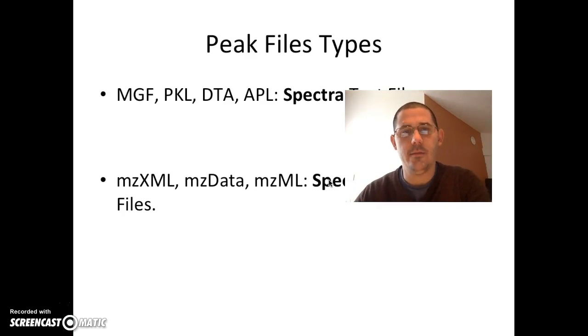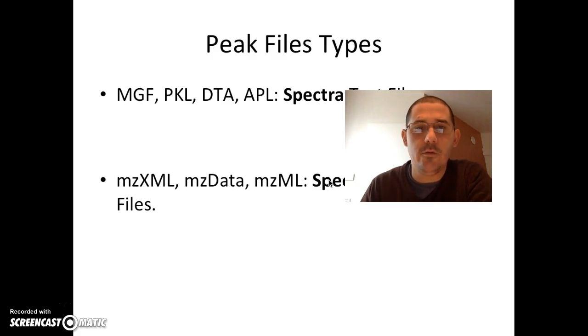Most of the peak files can be classified in two main groups: the text delimited files, in this case MGF, PKL, DTA, and APL, which is also supported here in Inspector Toolsuite, and the other main group is the XML based files, in this case mzXML, mzData, and mzML, which is actually the PSI standard for representing the peak list.